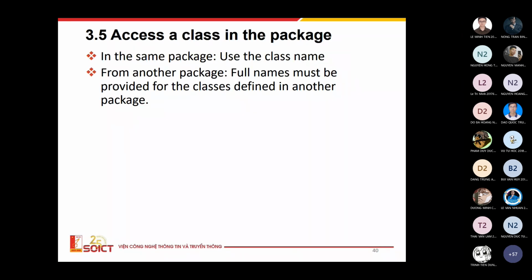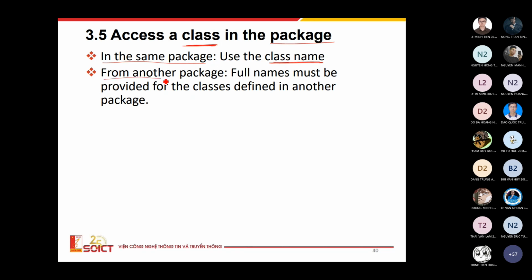So, we will pass to the next: how you can access a class in the package. We talk about the package and the class, but how can you access a class in a package, for example? Within the same package, you can use the class name only, so you show the JVM that this is the class you want to use.